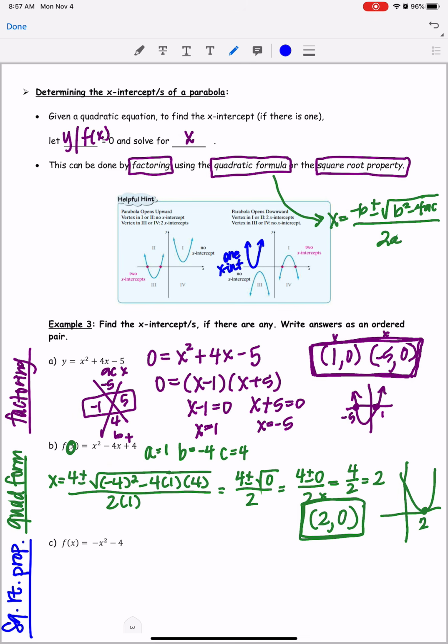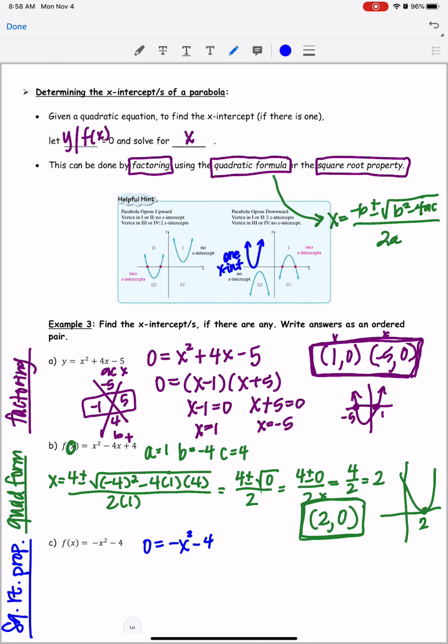So when you have a squared term and a constant, a number, you can use the square root property. That's the only one you can. So still same thing. You want to replace your y or your f of x with 0. So now I have 0 equals negative x squared minus 4.